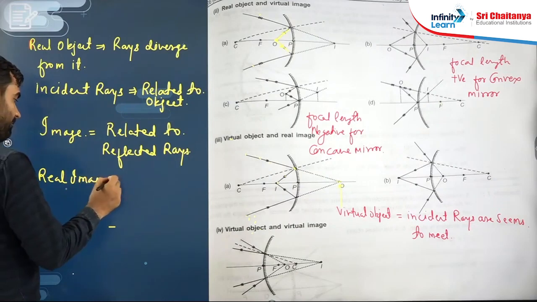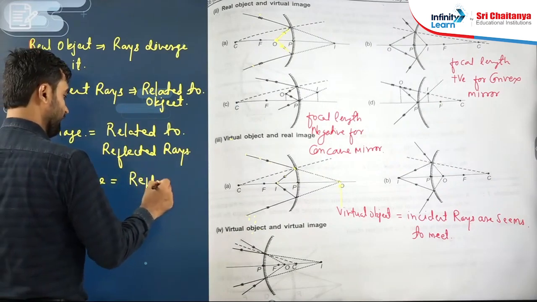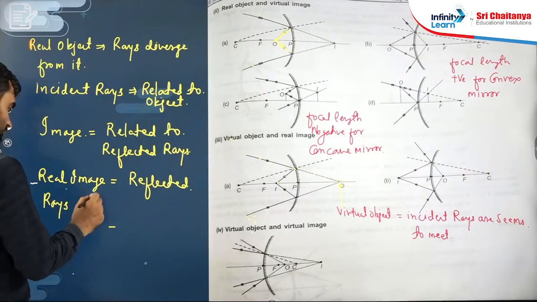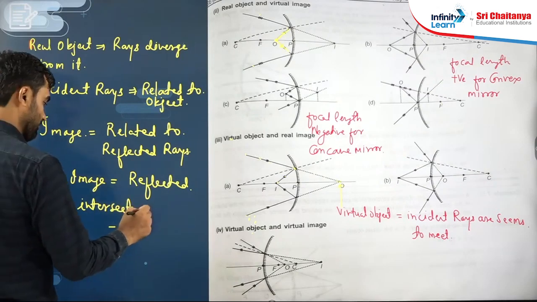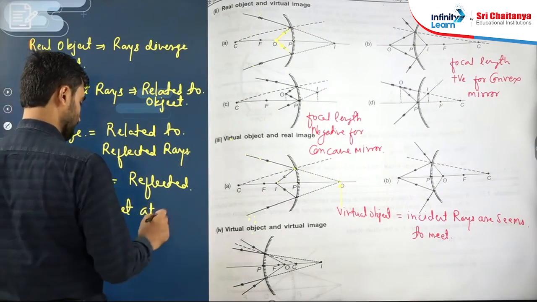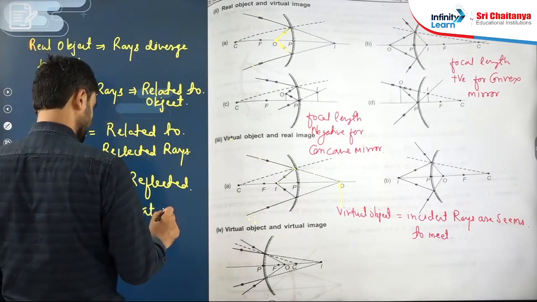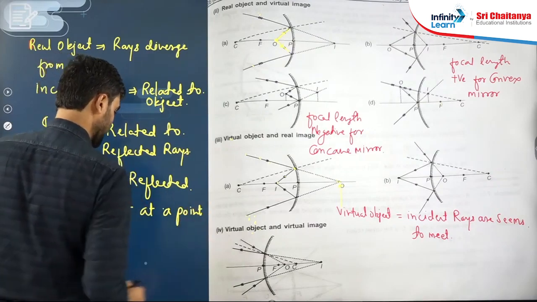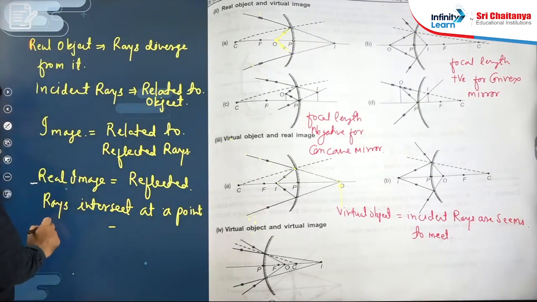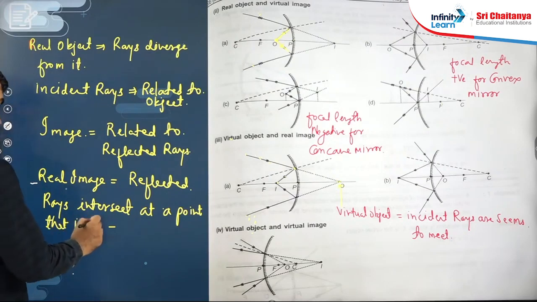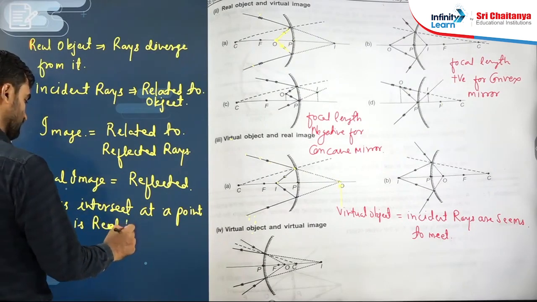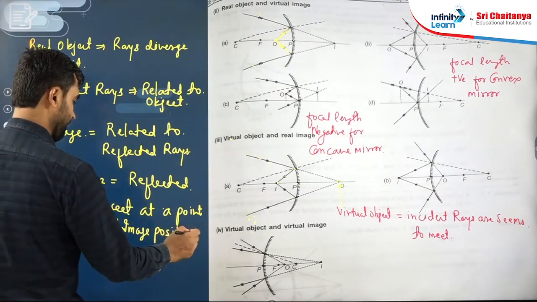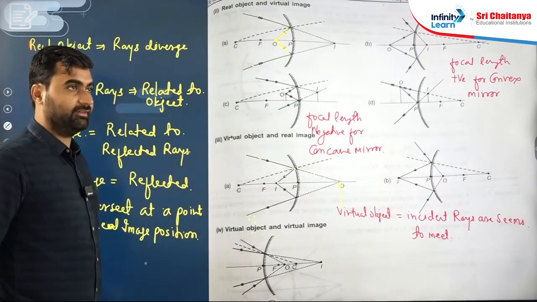Real image means reflected rays intersect at a point, and that is the real image position.